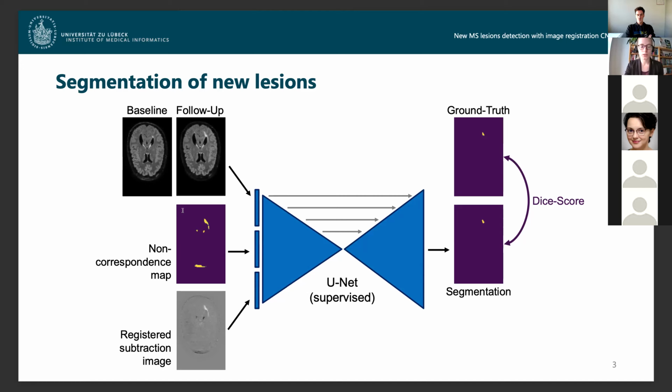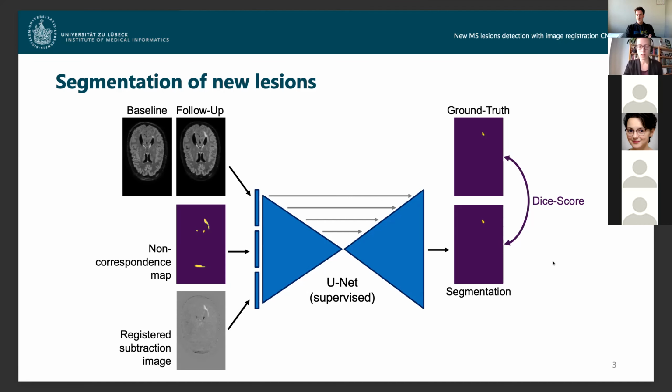So we use the results of the NCRNet as input to the second CNN. This CNN is then trained supervised with the ground truth labels and the Dice score as loss function. And the final output is then the segmentation of new lesions, so basically a refinement of the non-correspondence map such that we only get non-correspondences that are due to new lesions.